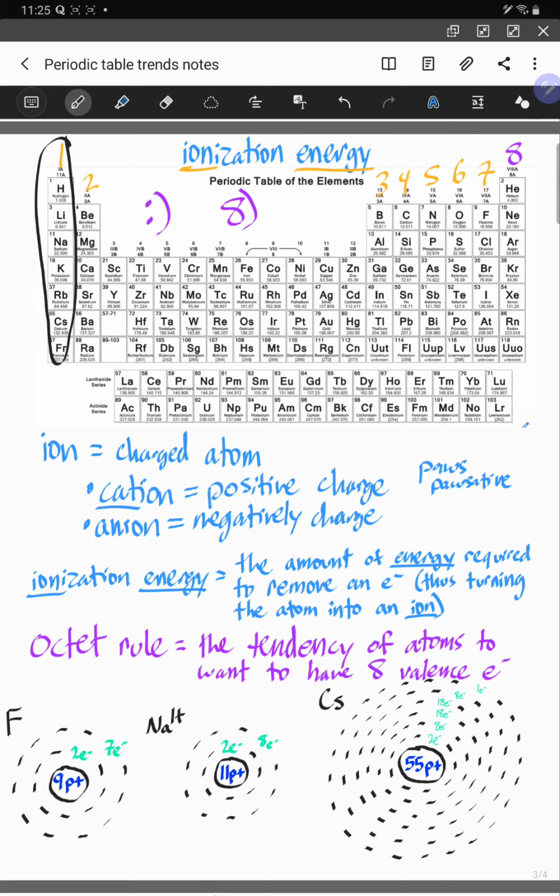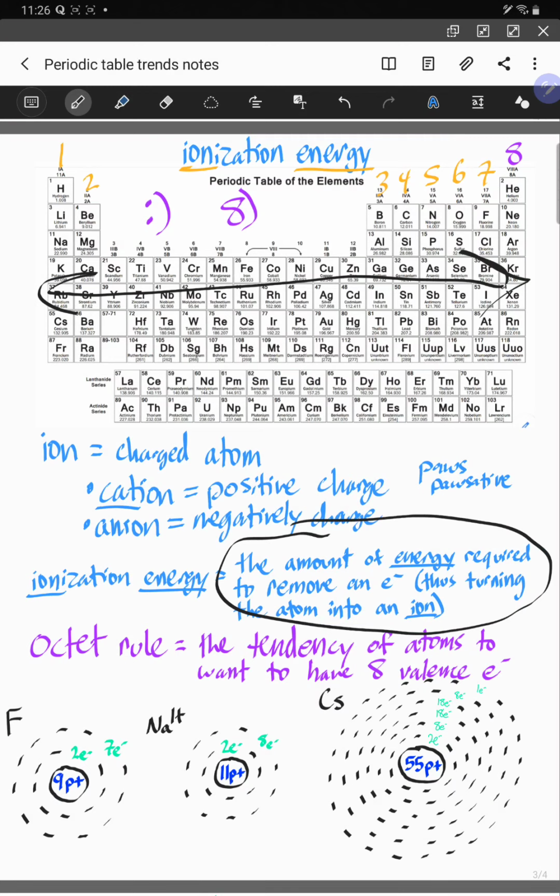So the trend, if you haven't noticed, and maybe pause the video, let's think about the trend. Is the trend going to be right to left or left to right in the amount of energy required to remove an electron? Is it going to require more energy to remove an electron the further we go to the right or the further we go to the left?